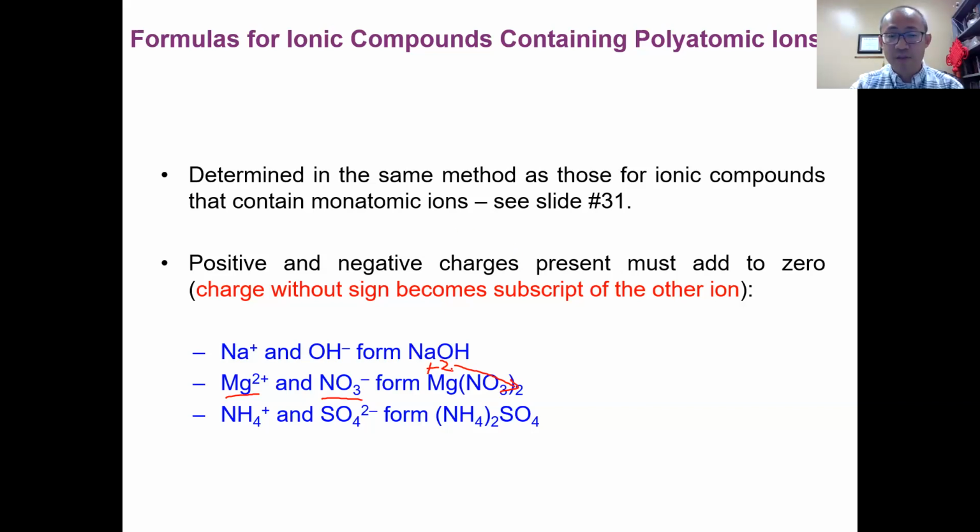Again, the magnesium charge becomes the subscript of nitrate. Of course, the charge of the nitrate without sign becomes the subscript of magnesium, which is 1. Again, for a polyatomic ion formula, if the subscript is 2 or higher, you have to put a parenthesis, then the subscript. If the subscript is 1, you don't need a parenthesis.